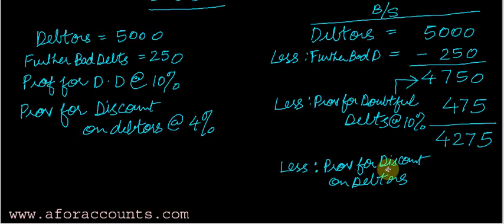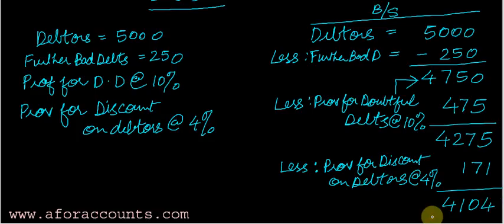Provision for discount on debtors at the rate of 4%. So 4,275, 4% is 171. And now the balance, 4,104, is your final debtors that will come into your balance sheet.